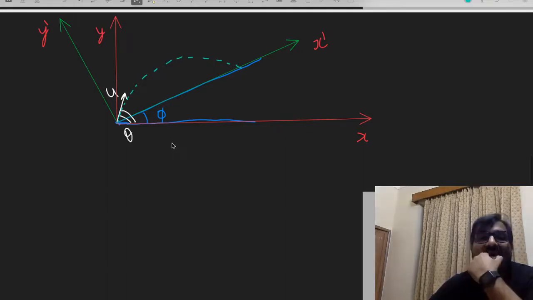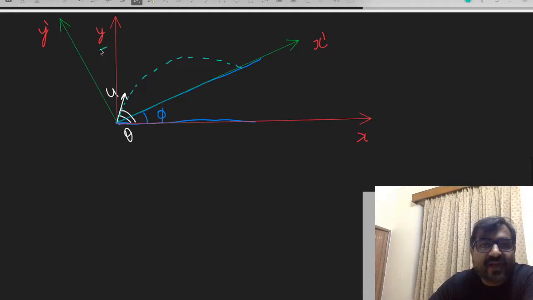So if you take this y and x, we have no idea what the value of this coordinate will be when it lands, nor of this coordinate.